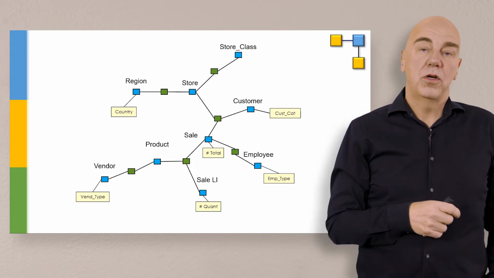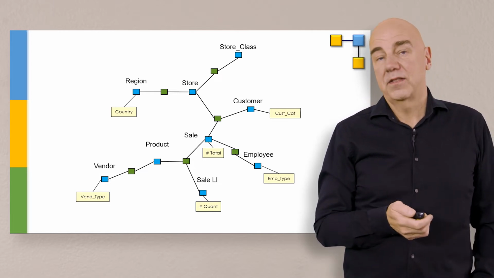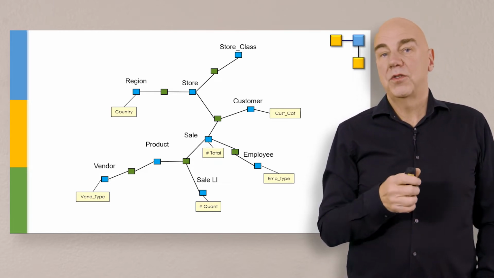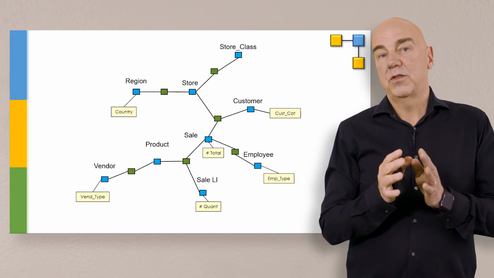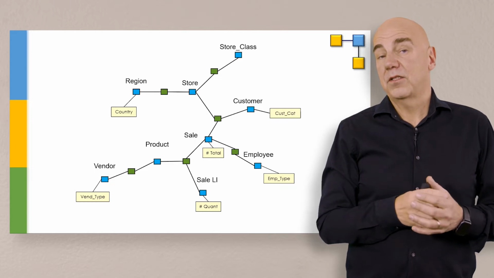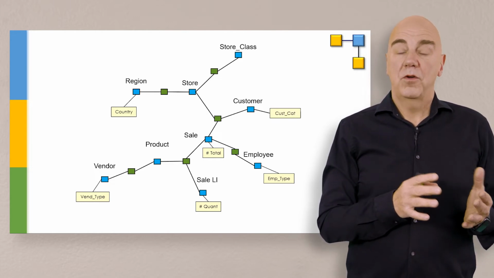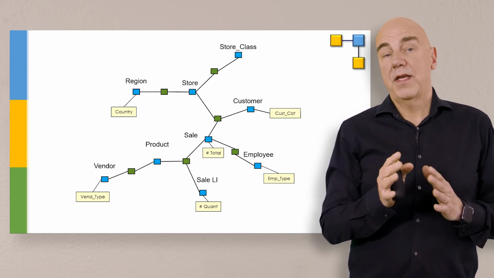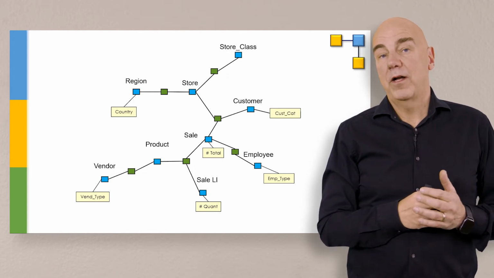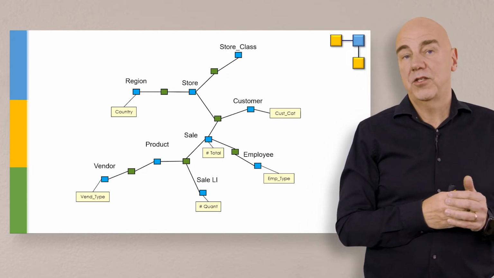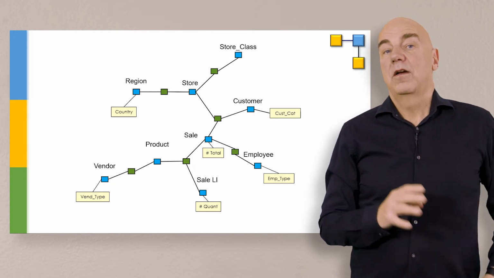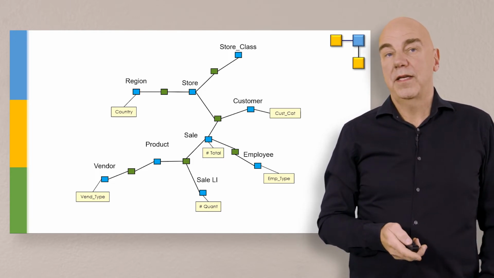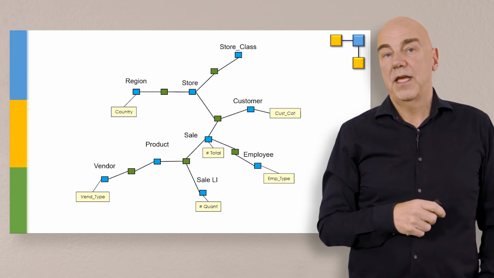Now, if you look at store, it has store class. And again, that's another one of those things. When you see type, class, category, especially if it's specific to one CBC, it's a good candidate. Hopefully, the rule of 7 is working well here, and we know that the classifications of a store, maybe it's small, medium, large, whatever, are also things that we can put directly into a satellite to keep them there.